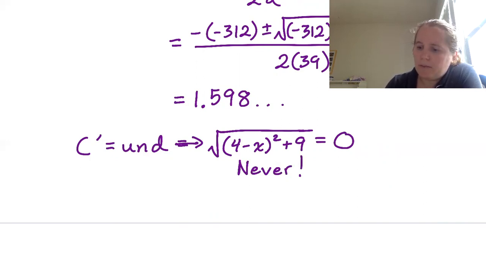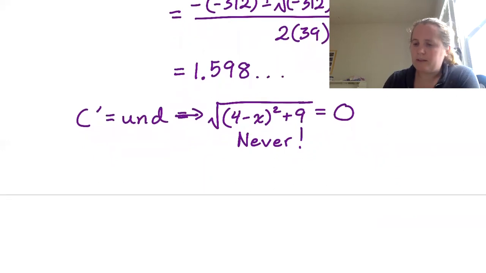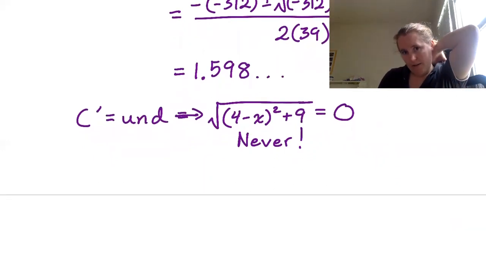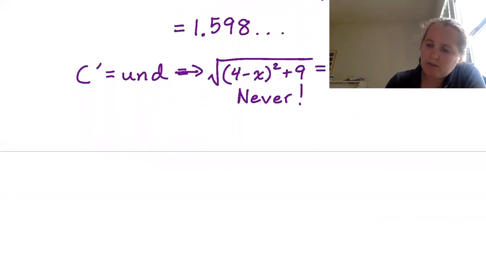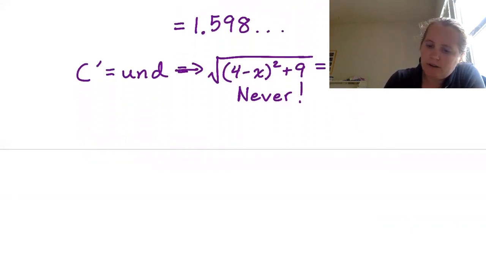So what we get from here then is that our points of interest are the endpoints and that 1.598.